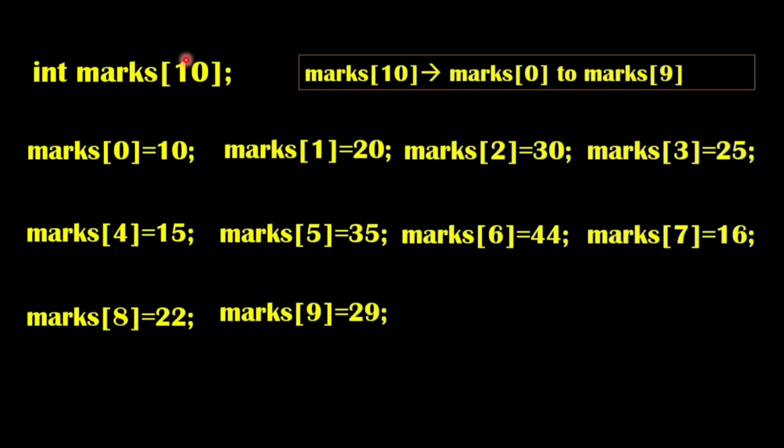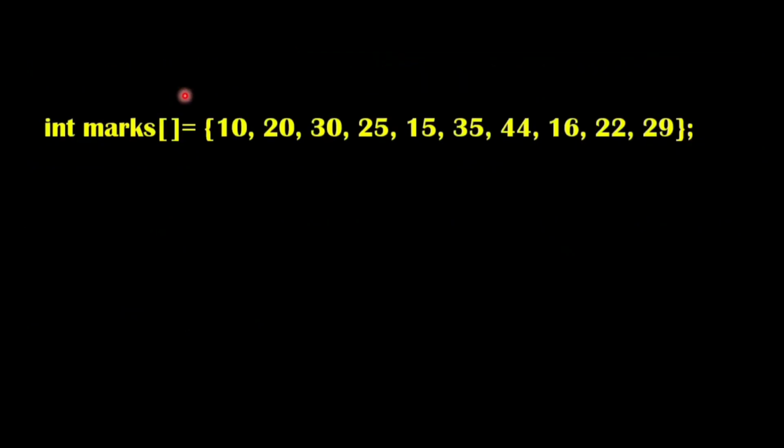Instead of that, you can give the values while declaring the array itself. Look at this: int marks[], I have written empty brackets, is equal to 10, 20, 30, 25, 15. All the values are enclosed within curly brackets.